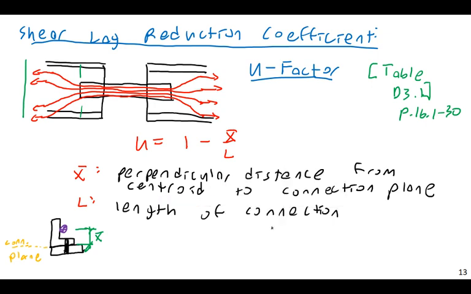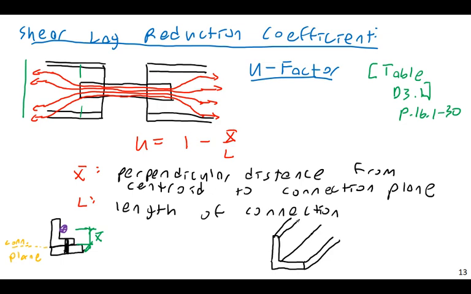And now I need to define the L, the length of the connection. It's not the length of the member, it's the length of the connection. I'm going to draw a really bad isometric projection. Really lovely 3D drawing here.